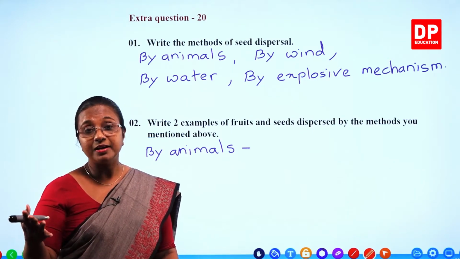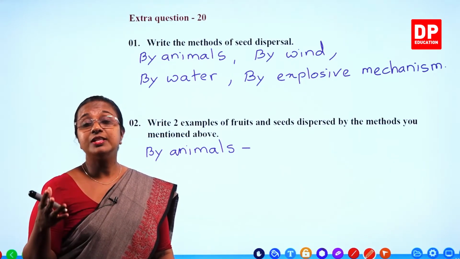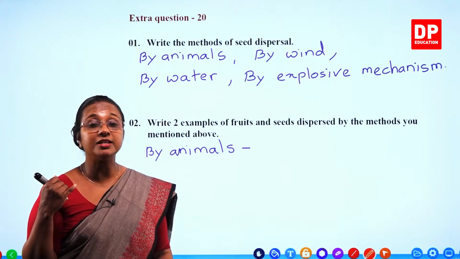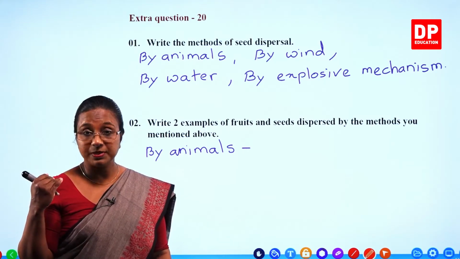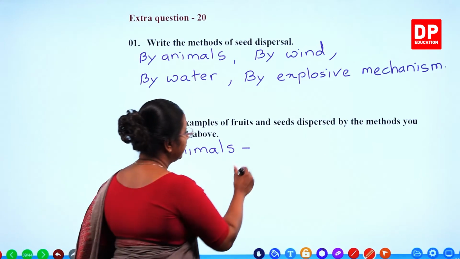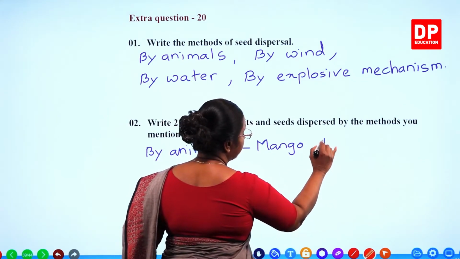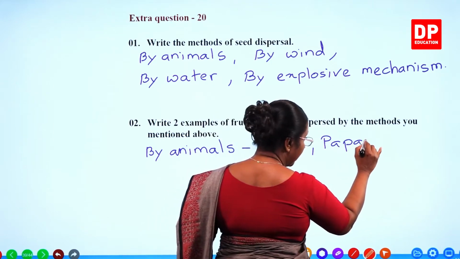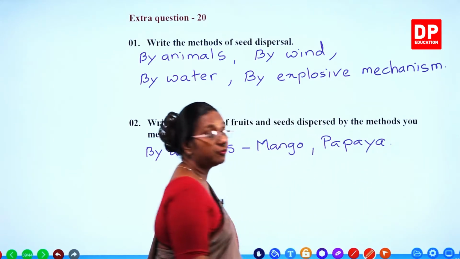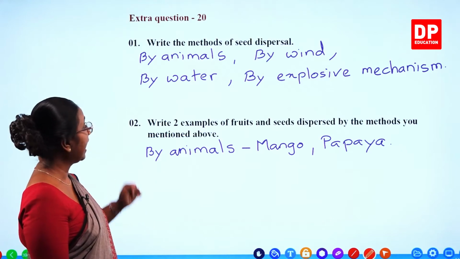Mango, papaya, nagadharana, all these are, even cashew nut, all these are dispersed by animals. So here I will write mango, papaya. Even banana, those are all fruits that are dispersed by animals.